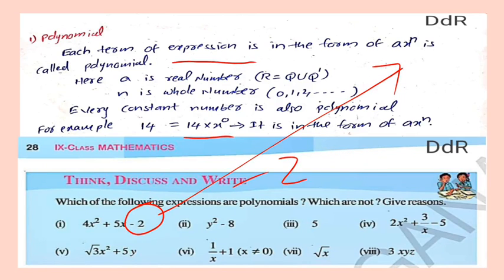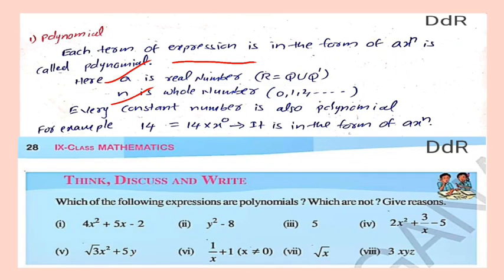So minus 2 can be written as minus 2 into x to the power of 0. Okay, so now all 3 terms are in the form ax to the power of n, and at the same time satisfy the conditions also. So the first, 4x square plus 5x minus 2, is a polynomial.